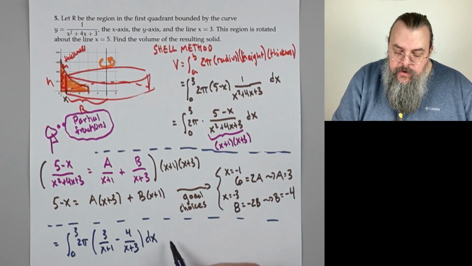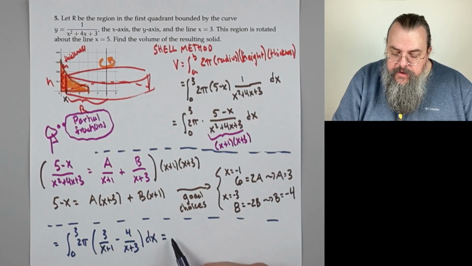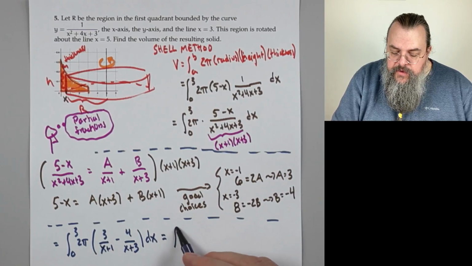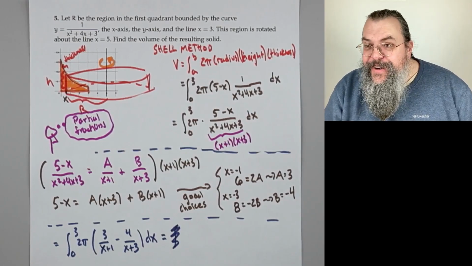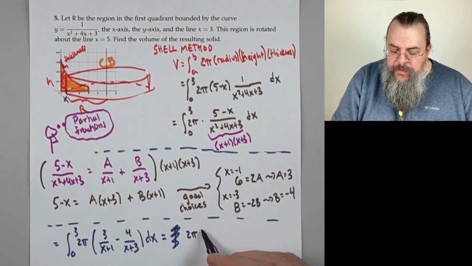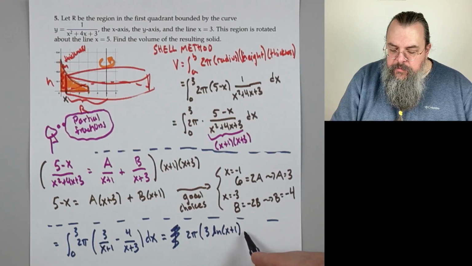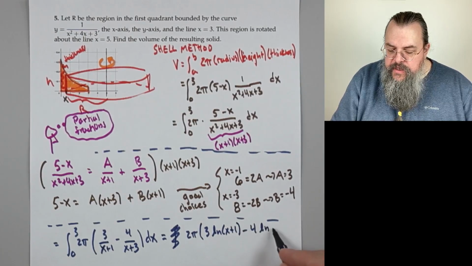Okay, so these are things we can integrate. So let's integrate them. If we're going to integrate, we don't need the integral sign anymore. So we have the 2 pi, then we'll have 3 natural log x plus 1 minus 4 natural log x plus 3, evaluate 0 to 3.